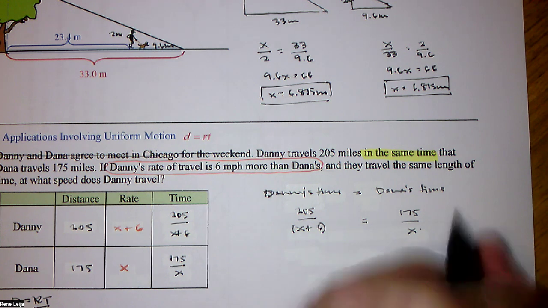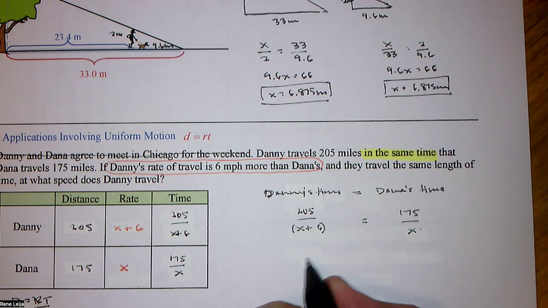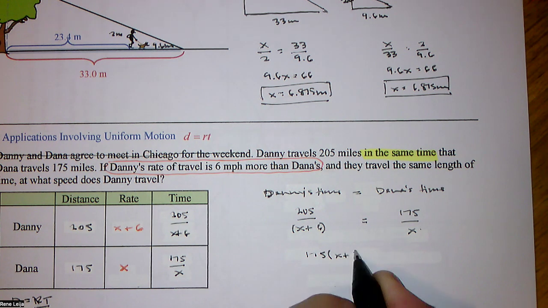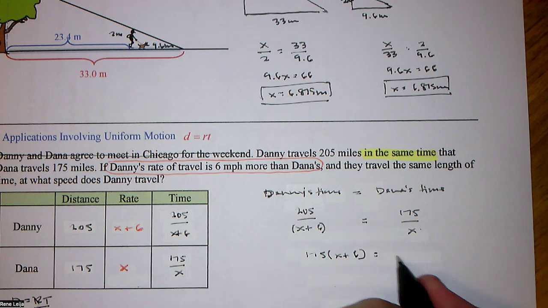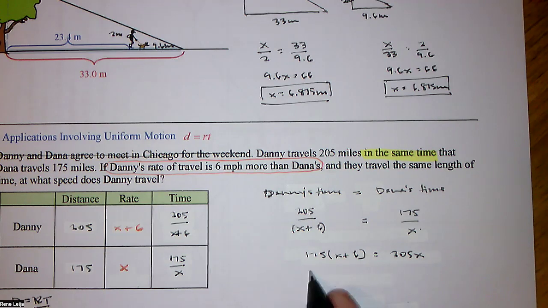It doesn't matter which one you set up first. So I'm just going to say 175 times x plus 6 has to equal 205x. So this is 175x plus, now be careful, 175 times 6 is 1050.